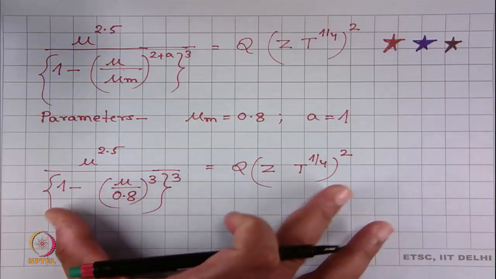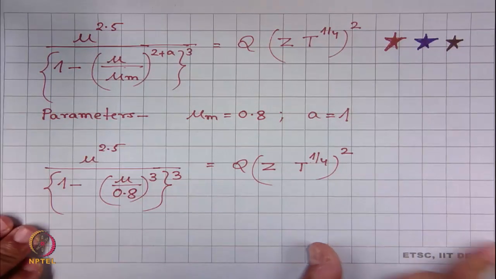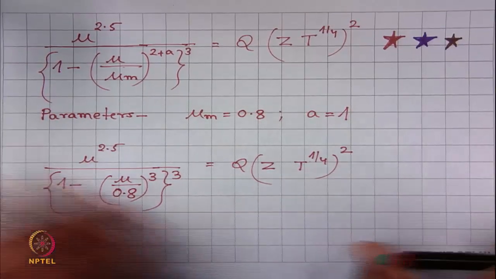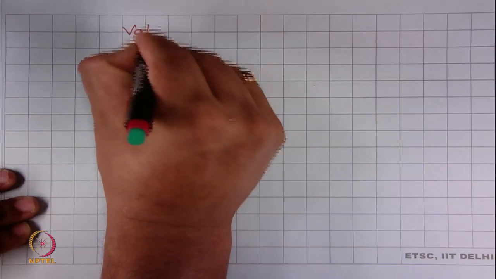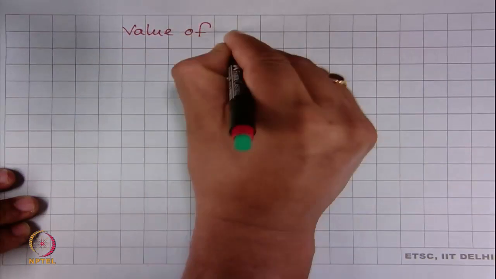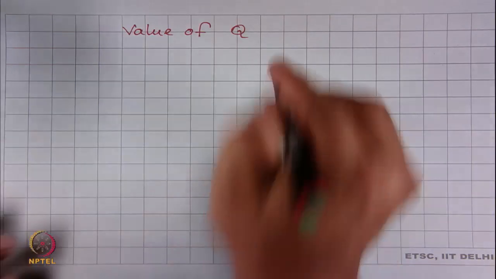So, this equation can be practically applied for different purposes, but before going to that, let me tell you the value of Q. As far as the experimental results were concerned, the value of Q were obtained. What is the unit of Q?